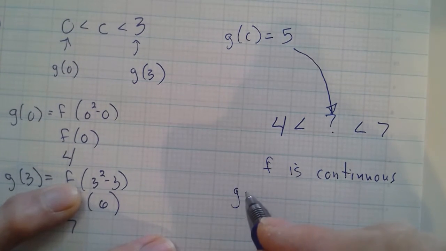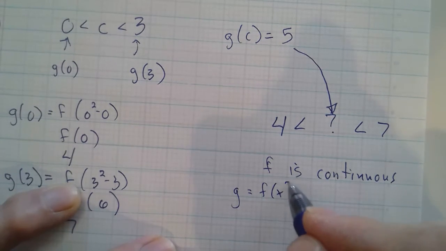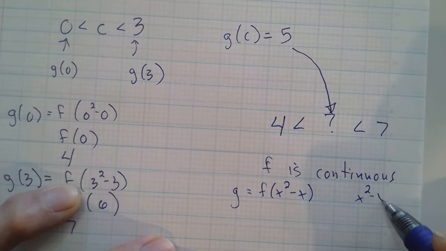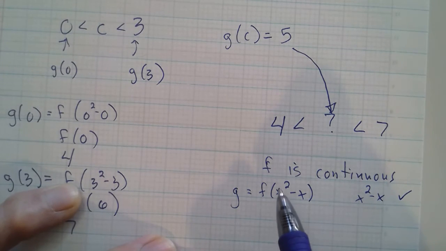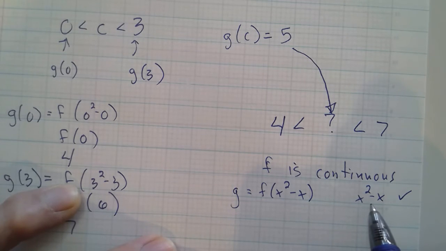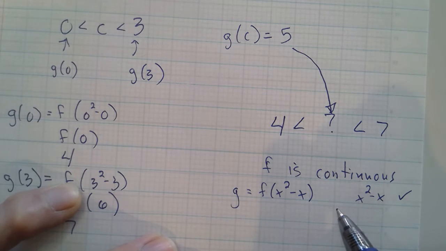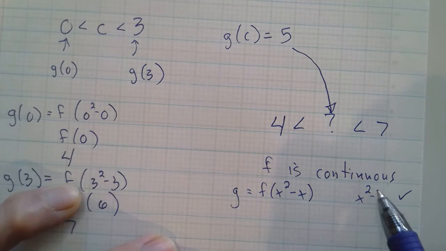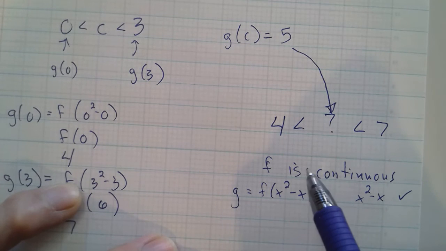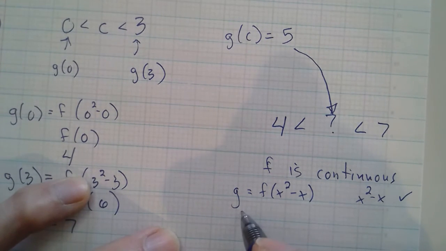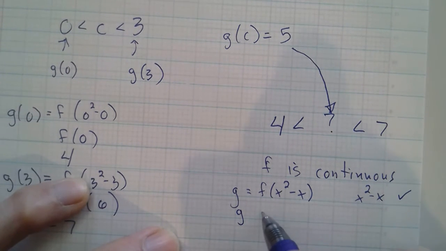Well, g is f of x squared minus x. Well, we know x squared minus x is continuous because that's just a parabola. So f is continuous and x squared minus x is continuous, and the composition of two continuous functions must also be continuous. If you plug one continuous function into another continuous function, by definition, the result is continuous.